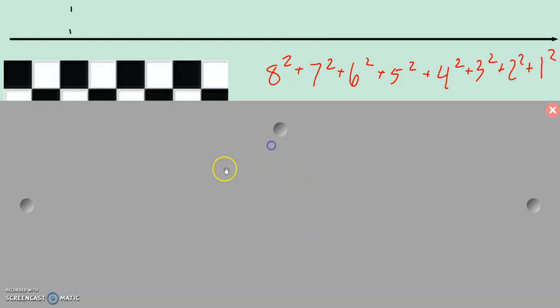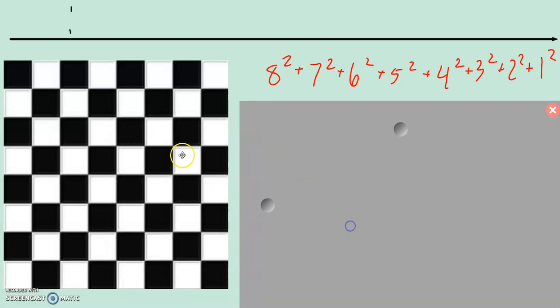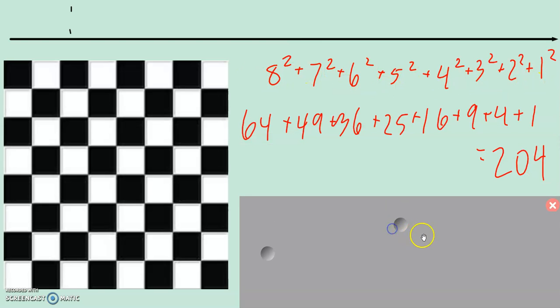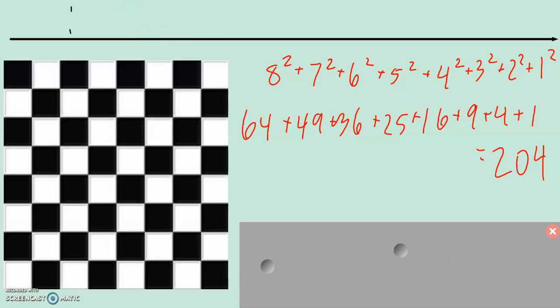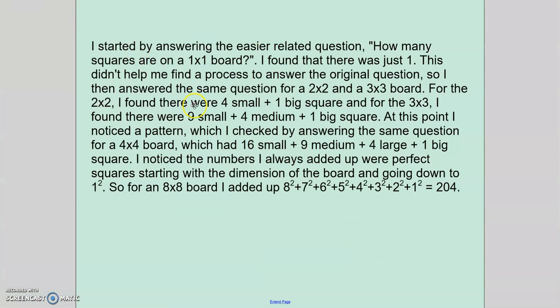So if I use that same pattern for this board, I can just say, well, I know because it's 8 by 8, I'm going to start with 8 squared and add up all the numbers all the way down to 1 squared. So I just write out all those, I add them all up, and I get a total of 204.